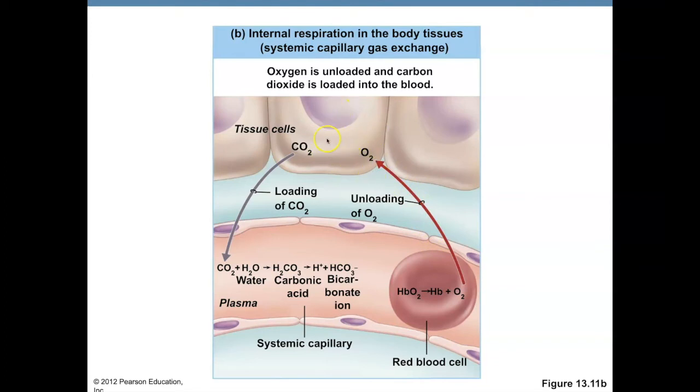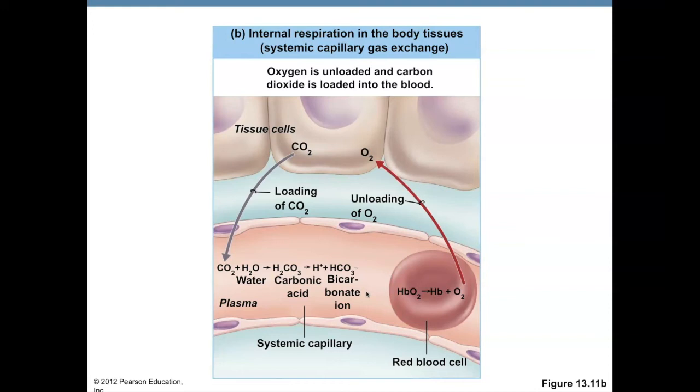Those tissue cells, likewise, have a buildup of carbon dioxide, and they're going to unload it into the bloodstream. Now again, this carbon dioxide can't stay as carbon dioxide. It needs to turn into a bicarbonate ion in order to safely travel all the way back to the lungs.